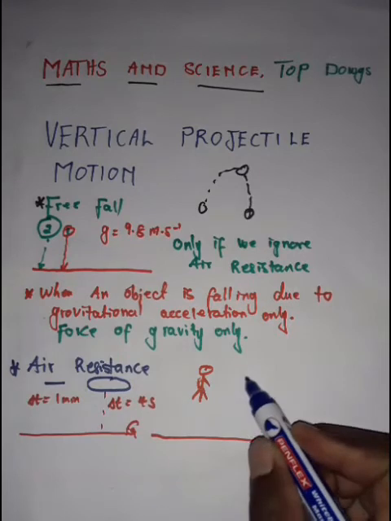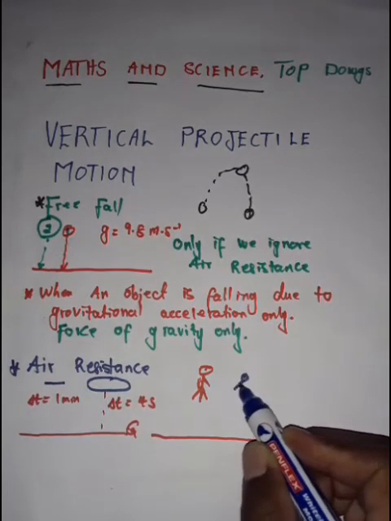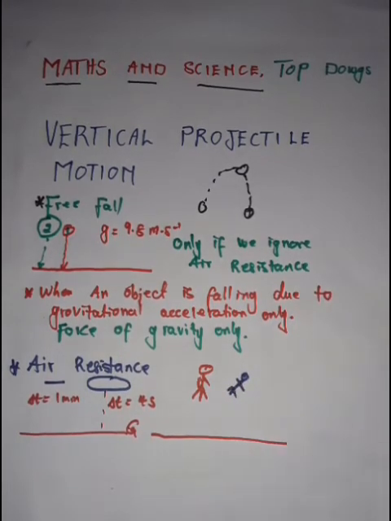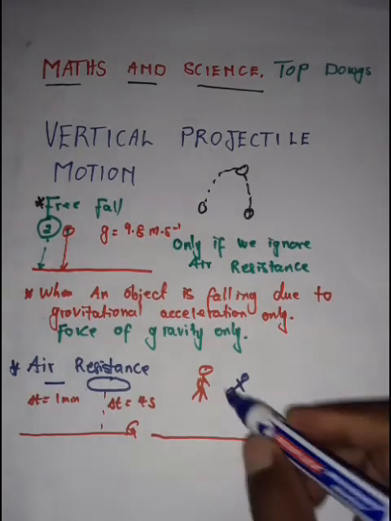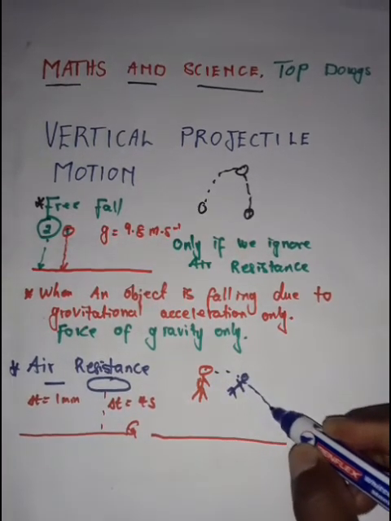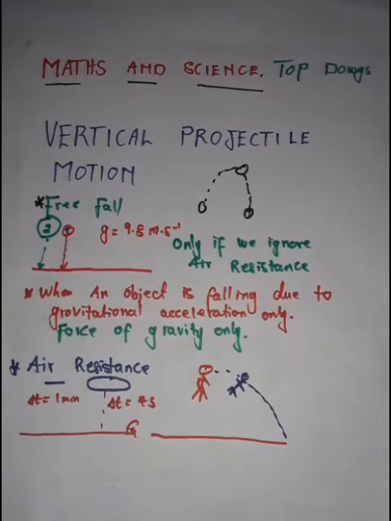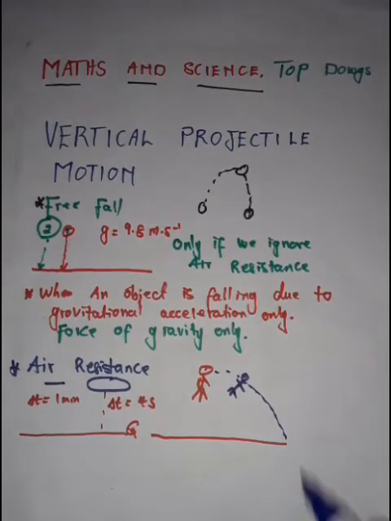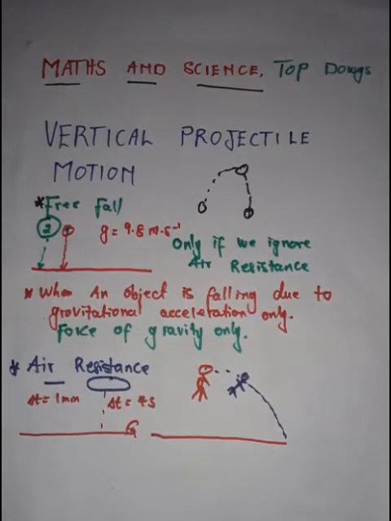As they're falling, at some point they're going to be here, at some point they're going to be there, so they're going to fall like this, and at some point they're going to be here.